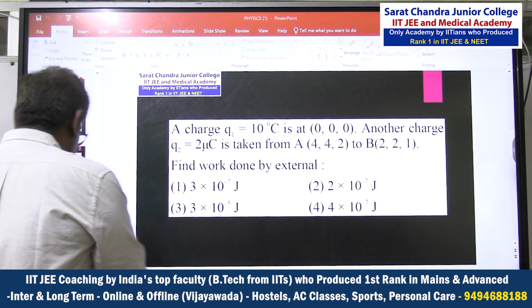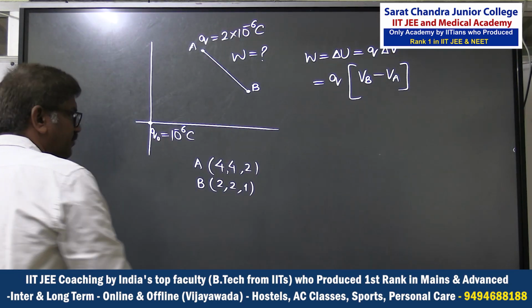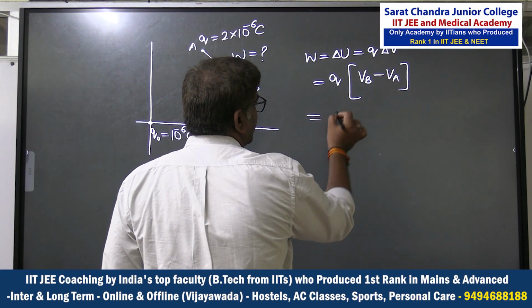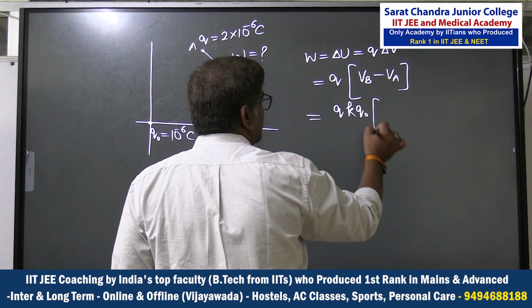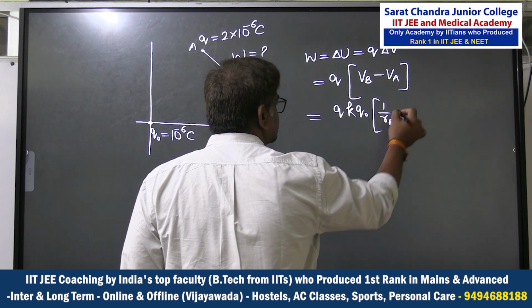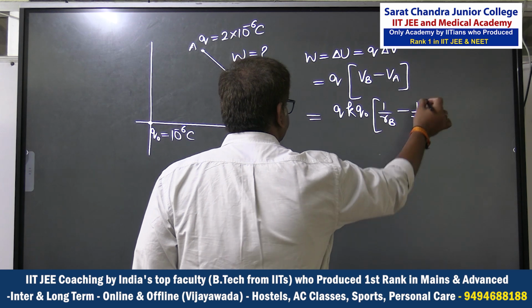So here, VB minus VA you can write as Q into K Q0, which comes common while writing the potential, into 1 by RB minus 1 by RA. So we calculate the magnitudes of the positions RA and RB.